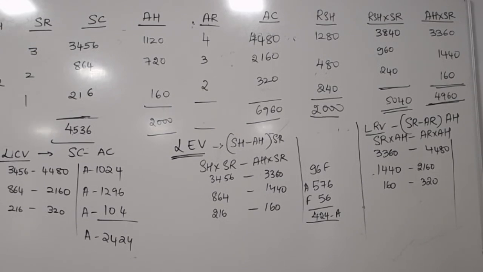How much does it come to? Favorable, adverse? Then total 2000.